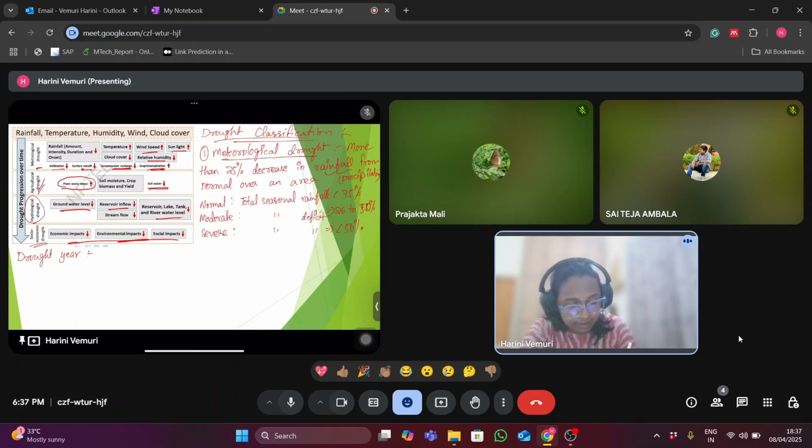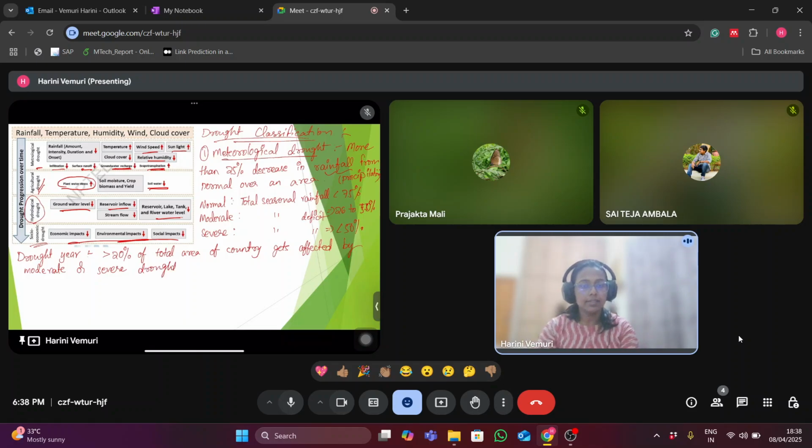Okay. So also there are other terms like drought year. Drought year is when more than 20% of the total area of the country gets affected by moderate or severe drought, then it is considered a drought year. Okay. So the next term is drought prone areas.